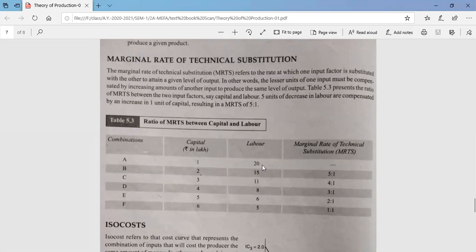So the labor has decreased by 5 units. 20 minus 15 is 5. That we write here. How much is the increase in the capital? It is 1.